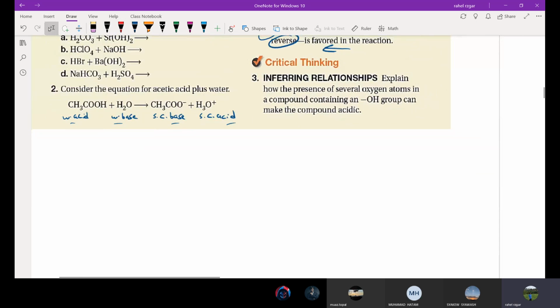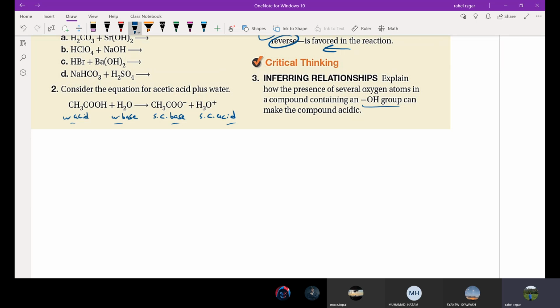3. Explain how the presence of several oxygen atoms in a compound containing an OH group can make a compound acidic. It says why, by increasing the number of oxygen in a compound that contains an OH group, it becomes more acidic.